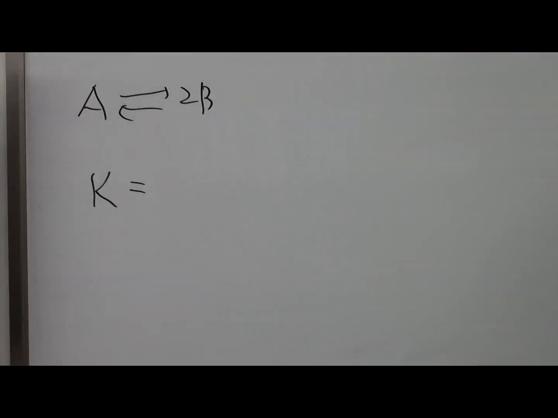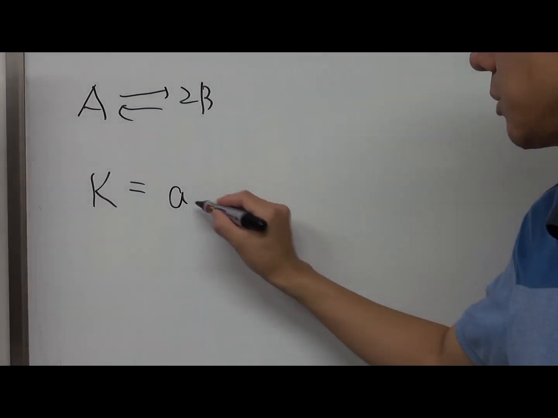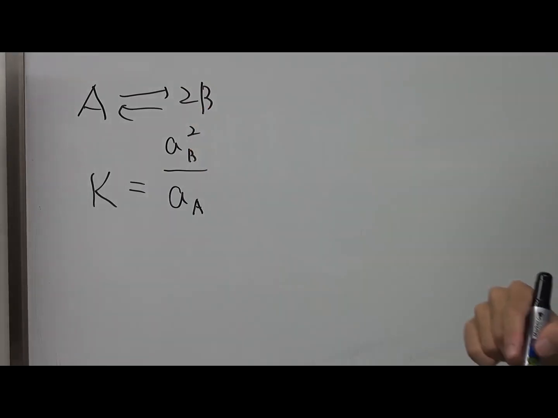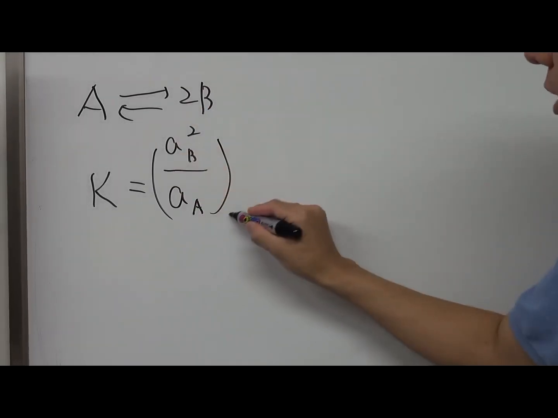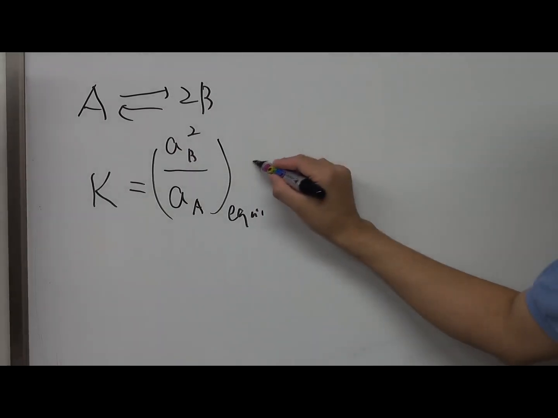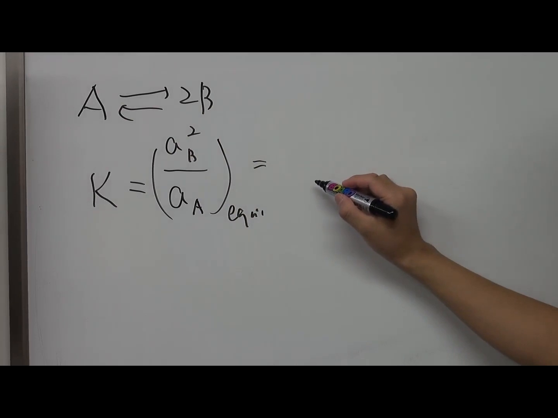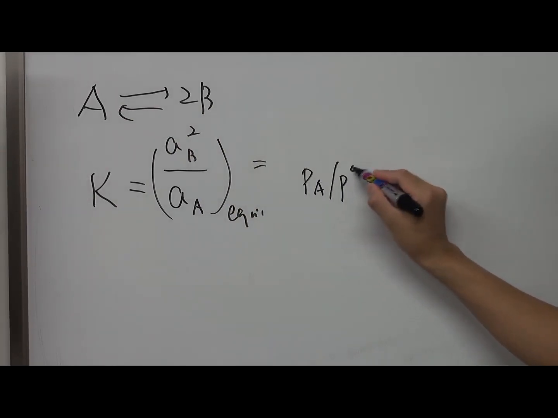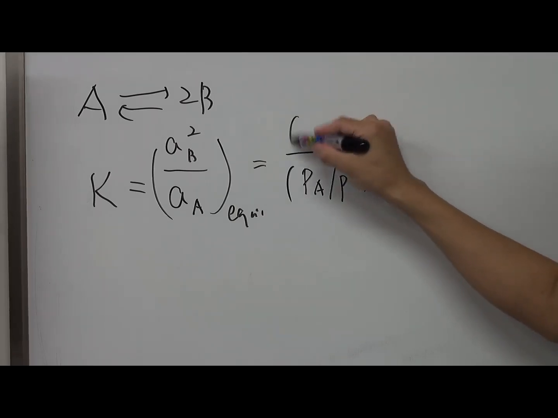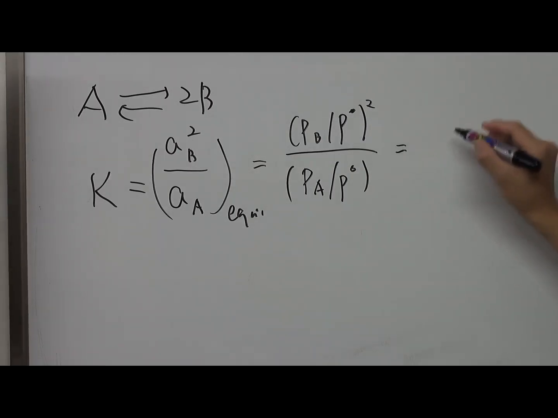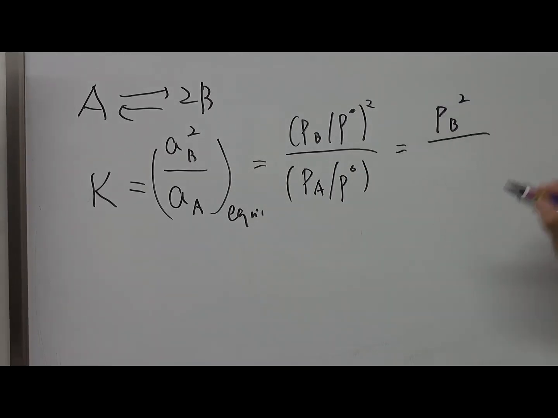K can be expressed as the activity of B squared over the activity of A, because there is a number 2 here, at equilibrium. Since both of them are gases, activity can be represented as partial pressure. So a_A is P_A over P naught, and a_B is P_B over P naught, squared, which corresponds to P_B squared over P_A P naught.